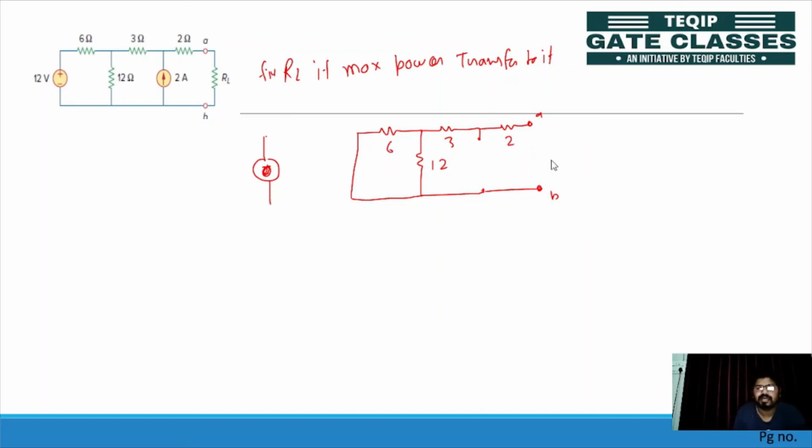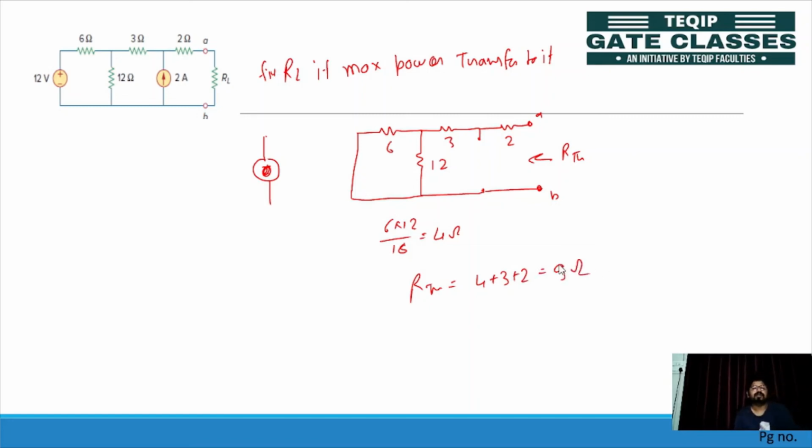Find RTH here, and this RTH will be your RL. This 6 and 12 are in parallel, so this combination will be equal to 4 ohm, and this 4, 3 and 2 will be in series, so RTH will be 4 plus 3 plus 2, 9 ohm.